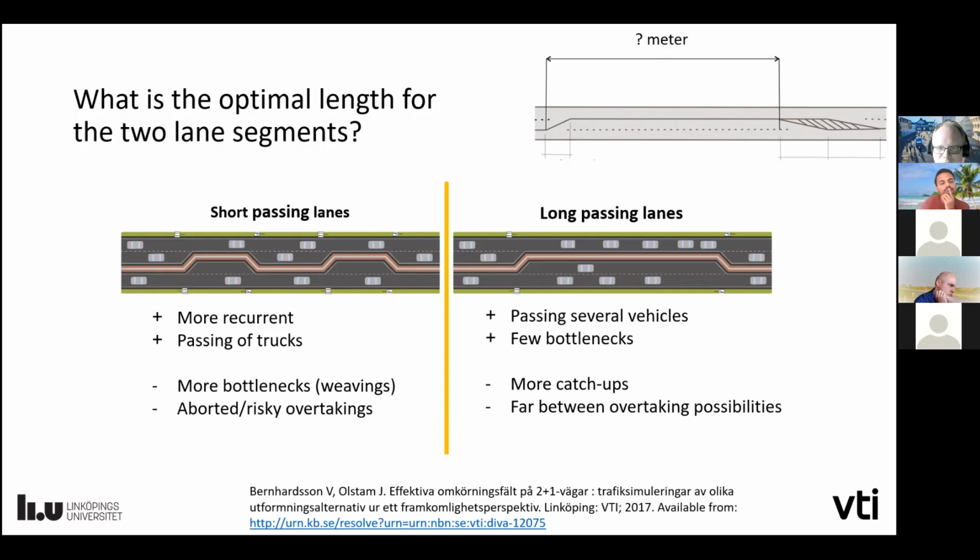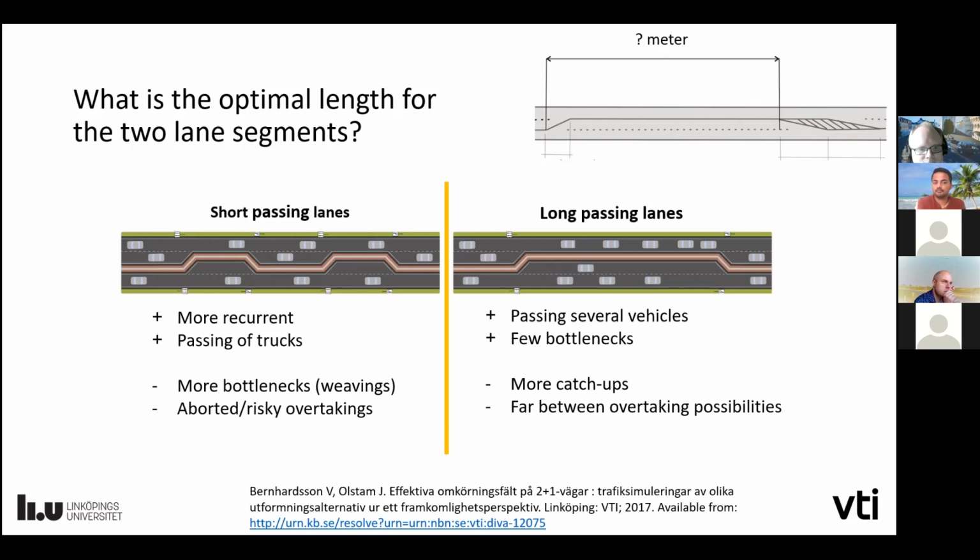Every merge is in some sense a bottleneck. With long passing lanes there will be fewer bottlenecks, and several vehicles can pass on each. With short passing lanes, it may be difficult to overtake trucks, or the overtaking tendency would be lower.